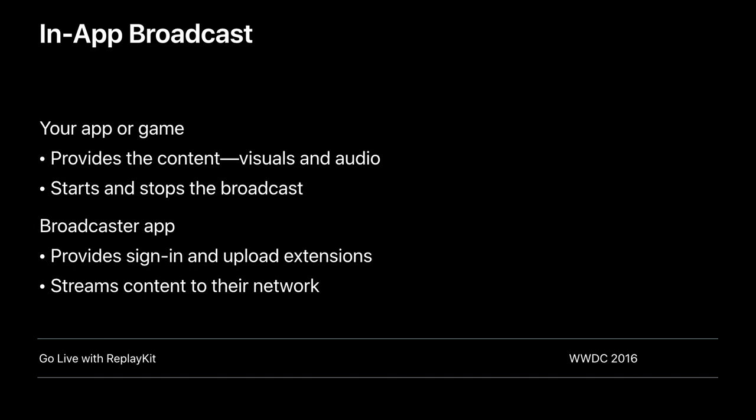It also presents the broadcast activity view controller so that the user would pick the service. In line with that, the broadcast application is providing you the broadcast extension, which ReplayKit is invoking on behalf of that game to sign users into the service and upload the broadcast content live to their servers.